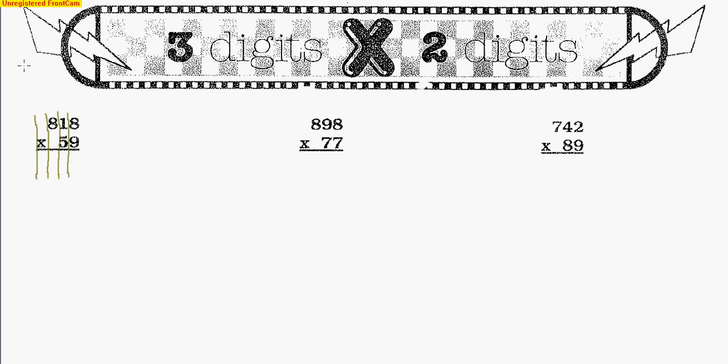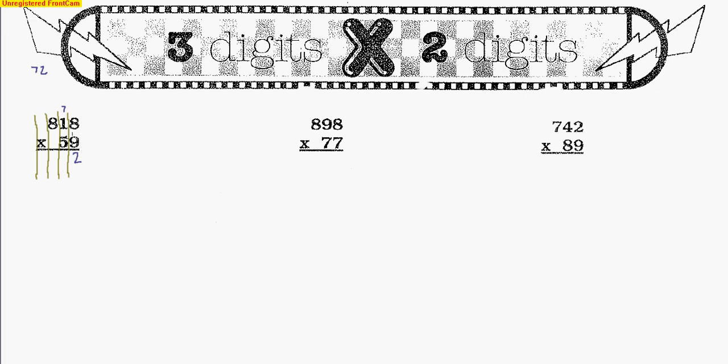But notice the number 72: the 2 is in the ones place, the 7's in the tens. So I put the 2 in the ones place, and I bring the 7 up into the tens place. Notice the ones, tens, hundreds, thousands place. You'll notice that I'm going to line up digits that are in the right place value every time.